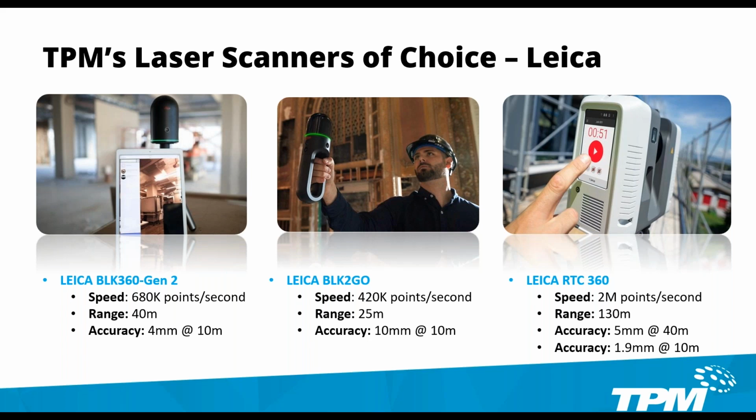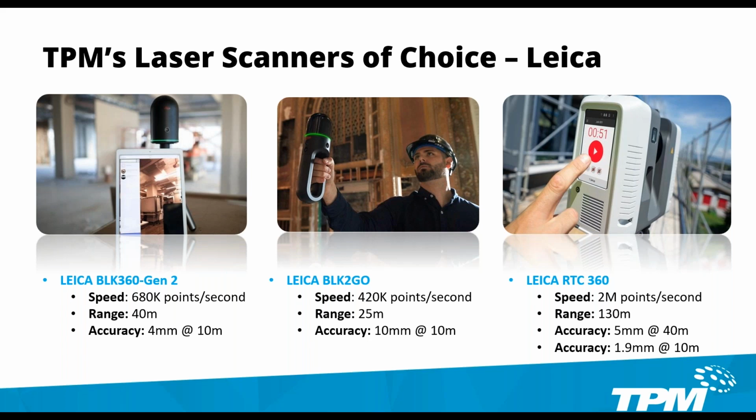Huge difference between the Gen 1 and the Gen 2. The speed is just a night and day difference, and it has Viz technology in it, which we're going to be discussing in great detail when we talk about the RTC. So although we're not going to discuss specifically the workflows of the BLK360, the workflows that you'll see that we are going to discuss of the RTC 360 are basically the same workflows that you'll get with the BLK.